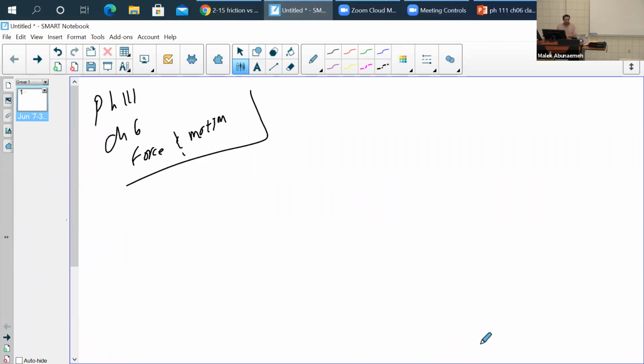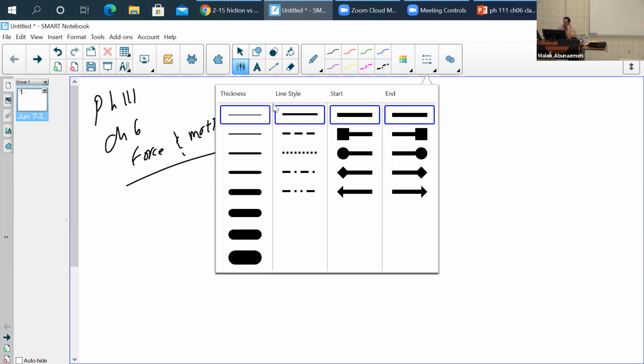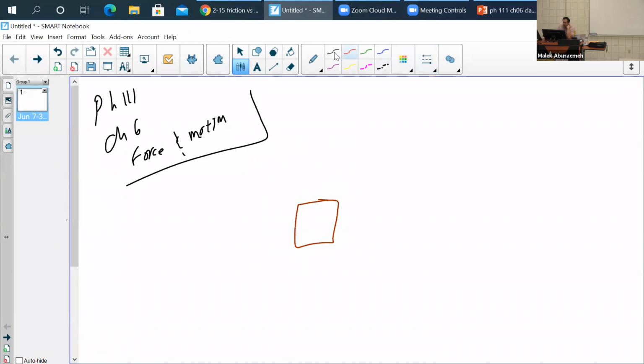Now, let's say the piece of wood. You've got the piece of wood right over here. This piece of wood is going to have two forces: your gravitational force and your normal force. Now, when it accelerates, let's say it accelerates this way, we put a force on it that way, you're going to have a frictional force going on the opposite side, and overcoming that should get your acceleration.